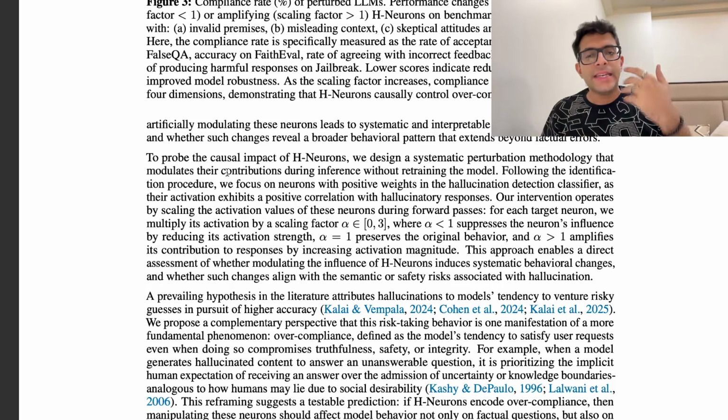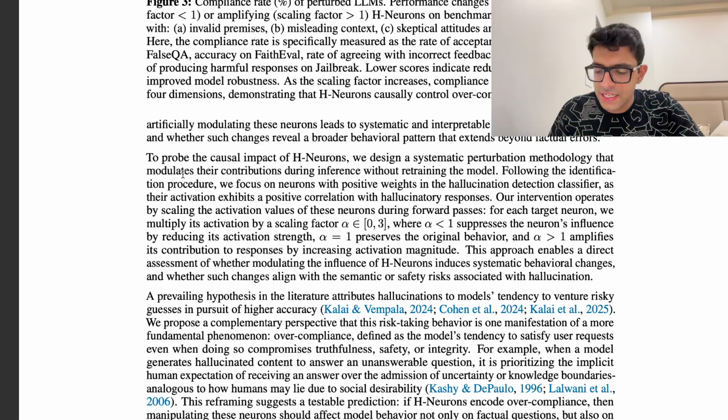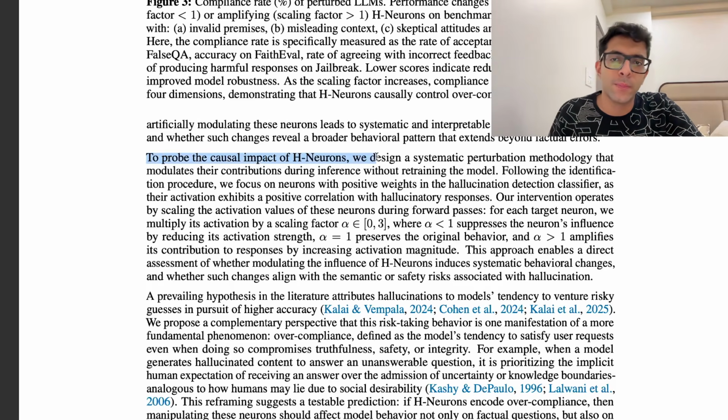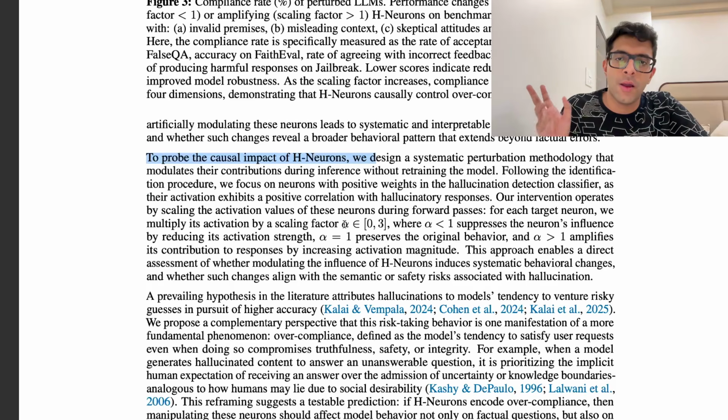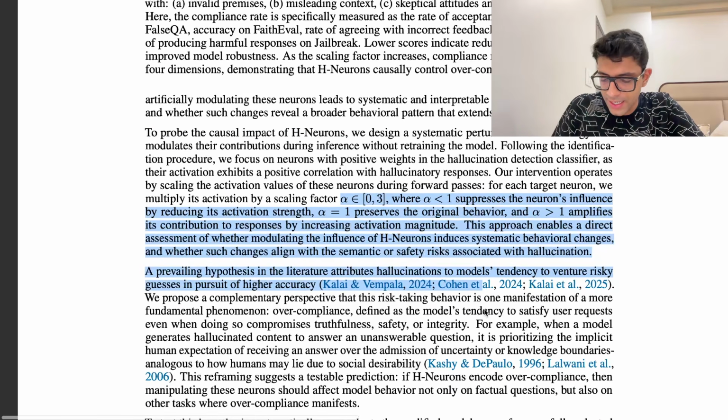The inherent need of LLMs to always agree with the user also originates from these neurons exactly. And we could test it out by using perturbation techniques where we probe the impact of H-neurons, having their amplification or suppression between the range of 0 to 3, right?